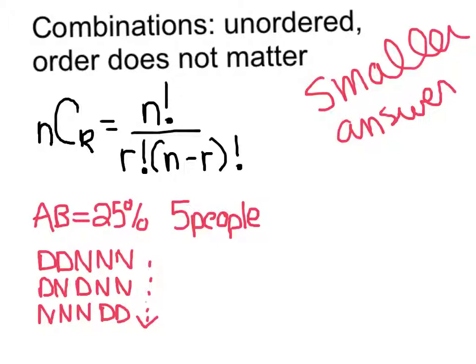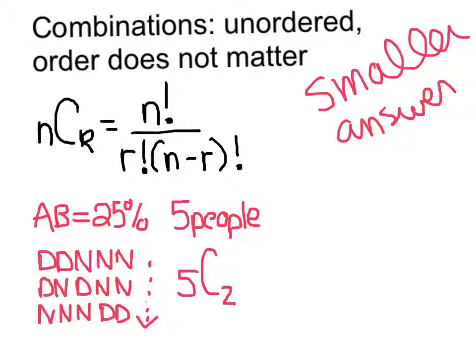And what the combination button gives you is, you don't have to worry about repeats, like there's 2 Ds and there's 3 Ns. And so this would be written as 5 choose 2, like 2 out of the 5 people. And if you type it into the calculator, it's on the Math PRB menu.